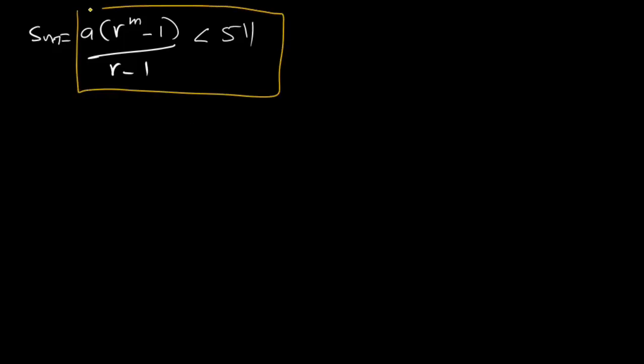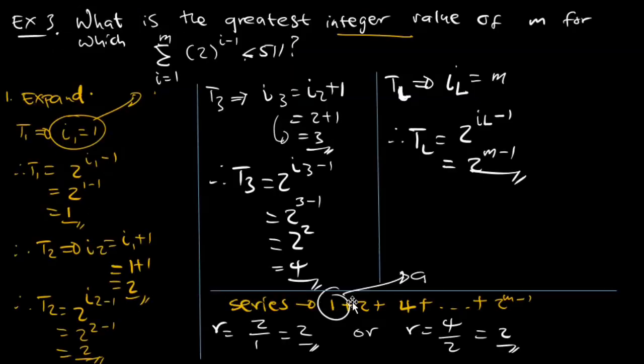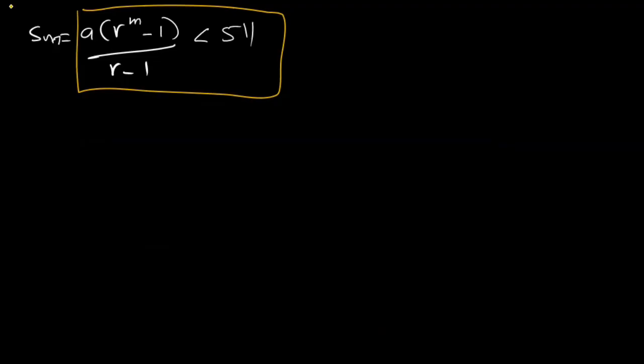So this is what I'm going to use. All right, what do we know? We know the value of A from the previous slide to be 1 and the value of R to be 2. Keep that in mind. Value of A is 1, the value of R is 2. Less than 511. Okay, what else do we know?